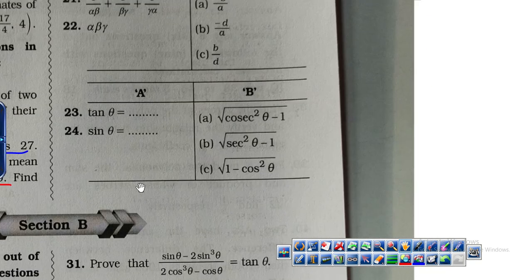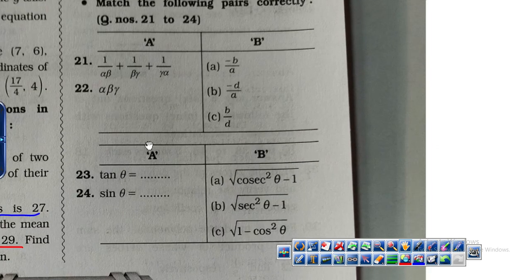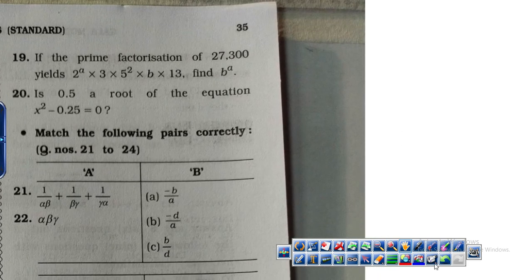19th question. The prime factorization of 27,300.